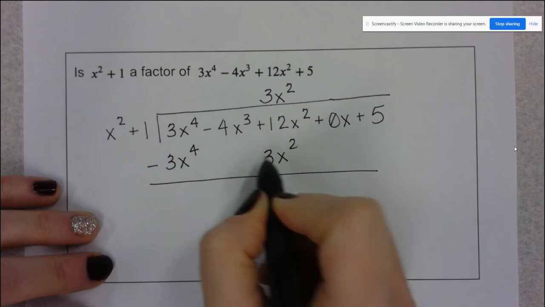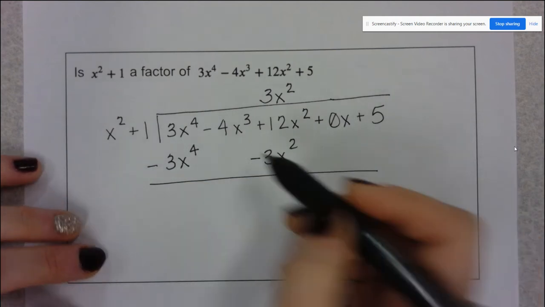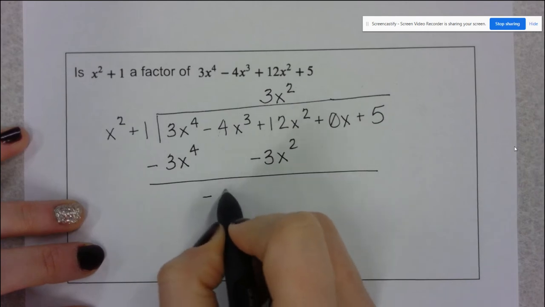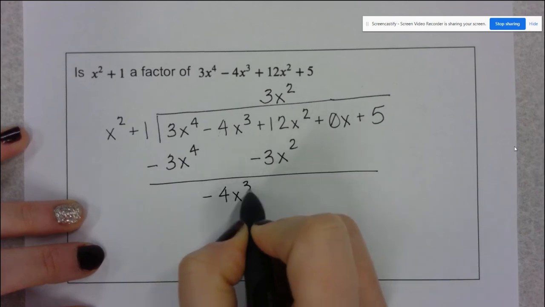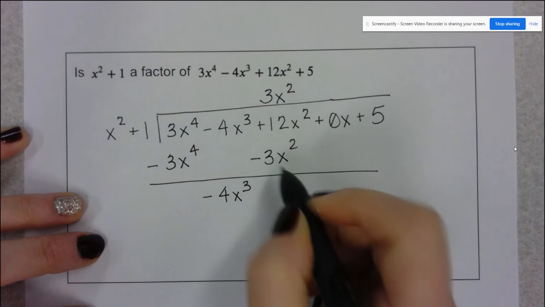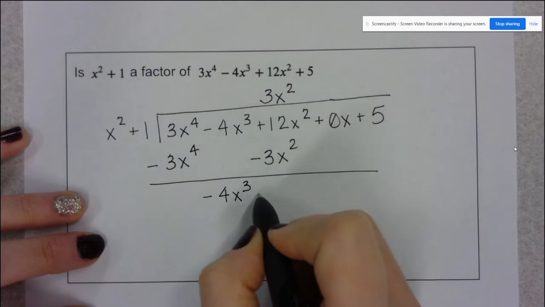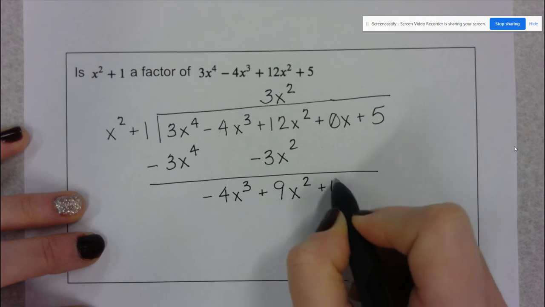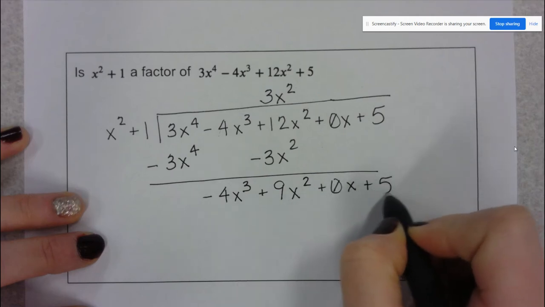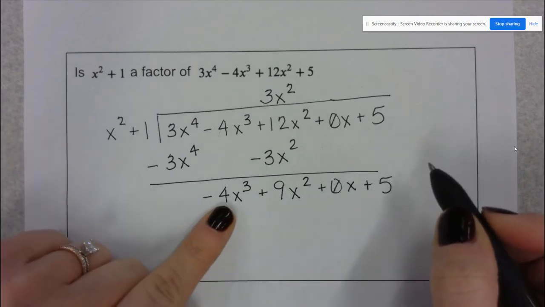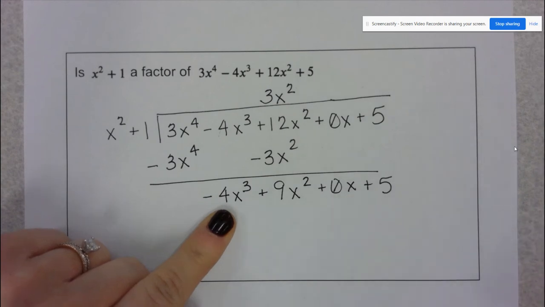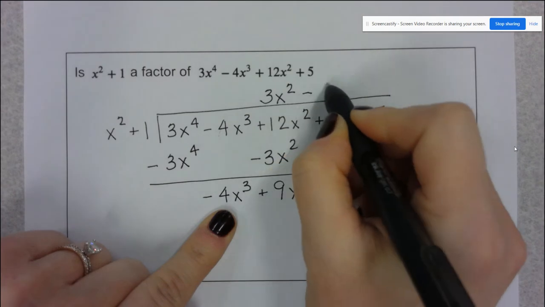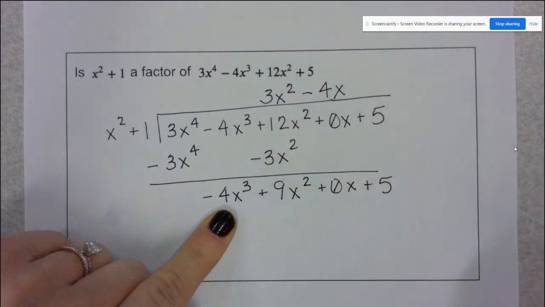Now I'm subtracting these. You'll notice nothing lines up under 4x cubed, so I need to bring that down. And then 12x squared minus 3x squared leaves me with positive 9x squared plus 0x plus 5. To get negative 4x cubed, I need to multiply by negative 4x.